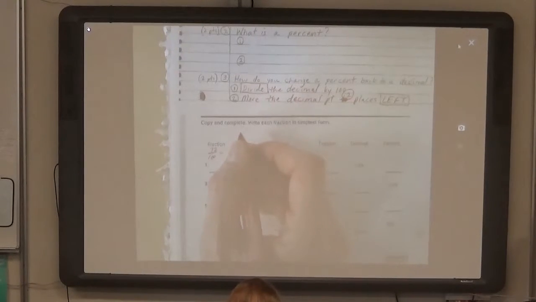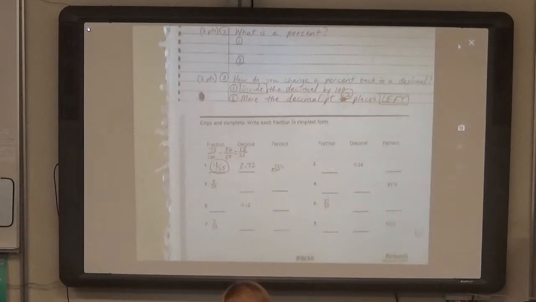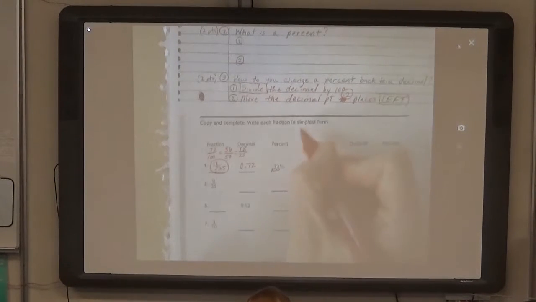Can we divide both by 2? Yeah, what is 72 divided by 2? 36 out of 50. Can we divide that by 2? I don't want to, but we can. 18 out of 25. So it's 18 out of 25, 18 25ths. So we have to put these in simplest form.